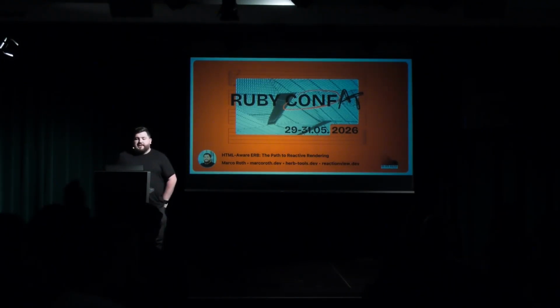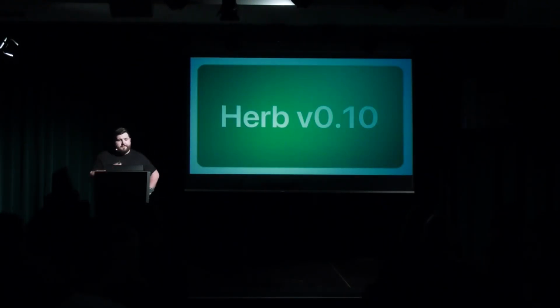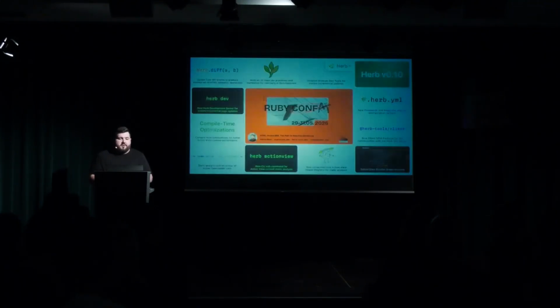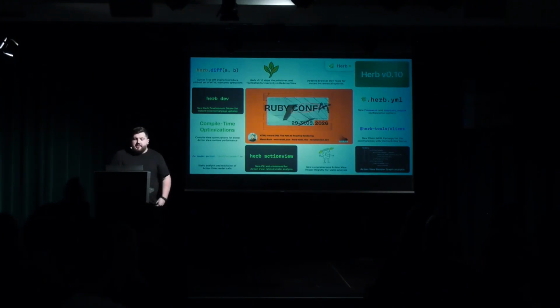We have this new release, which is Herb 0.10. It ships with all the features that I talked about today, including this Herb diffing engine, this Herb dev server, even some compile time optimizations, which I haven't talked about today, but there's a lot more in this release, including this render graph analysis and so on.